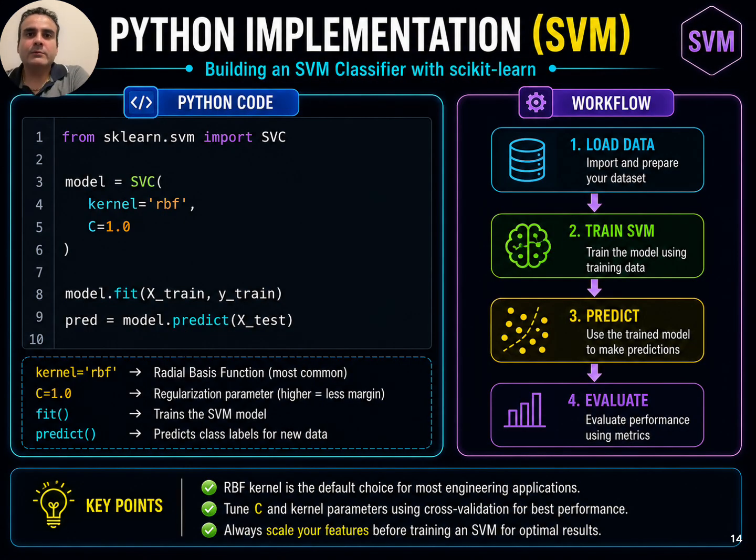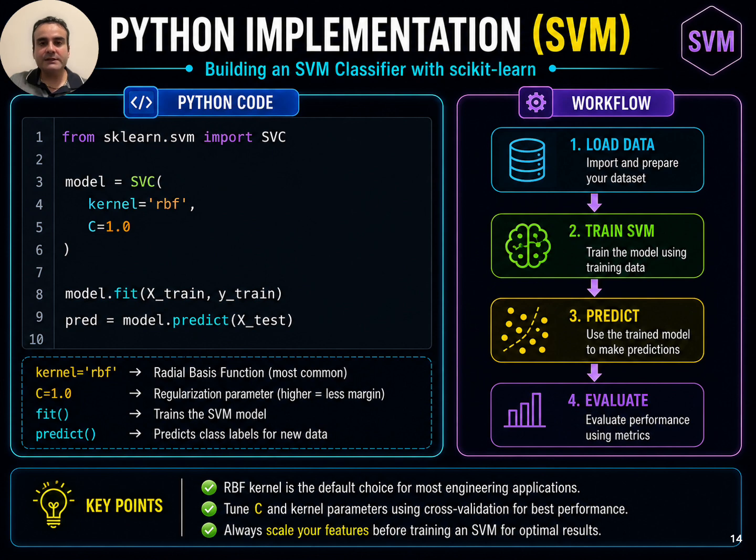This slide demonstrates how easy it is to implement an SVM classifier using Python and scikit-learn. The workflow consists of four main steps: loading the data, training the model, generating predictions, and evaluating performance. The code uses the SVC class from scikit-learn with an RBF kernel, which is one of the most widely used kernel functions.